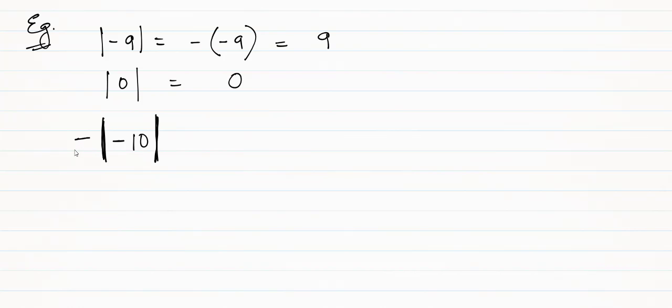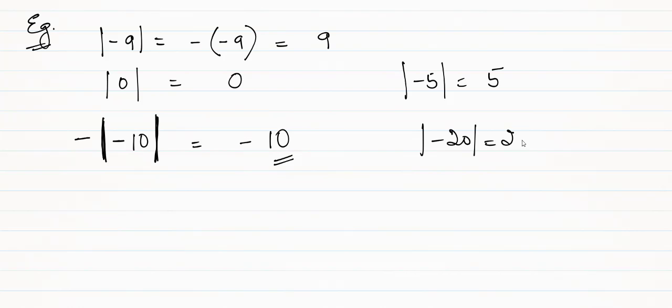So we have to place the final answer as minus of 10. Absolute of any negative number, minus 5, what will be the result? It will be 5. Absolute of minus 20? It will be 20. Absolute of minus 10? That will be equal to 10.